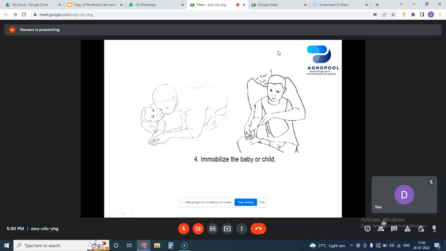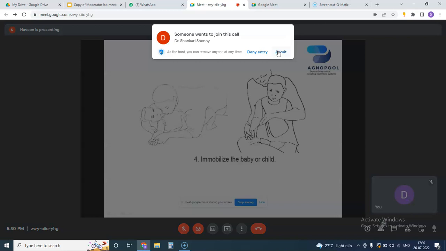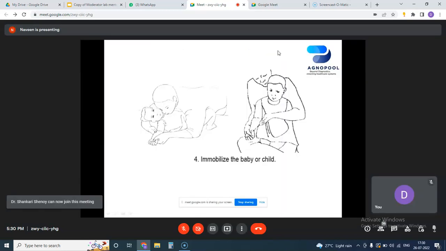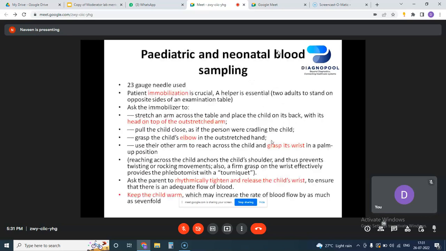The parent will cross the legs over the legs of the child, so that the child's legs are locked, and one of the hands of the parent will be at the wrist and one more hand will be at the elbow, so that here you can see the child's shoulder is locked, and also the child's legs are locked, so that the child will not be able to move. So that immobilization is very important when drawing blood from a neonate or a child.